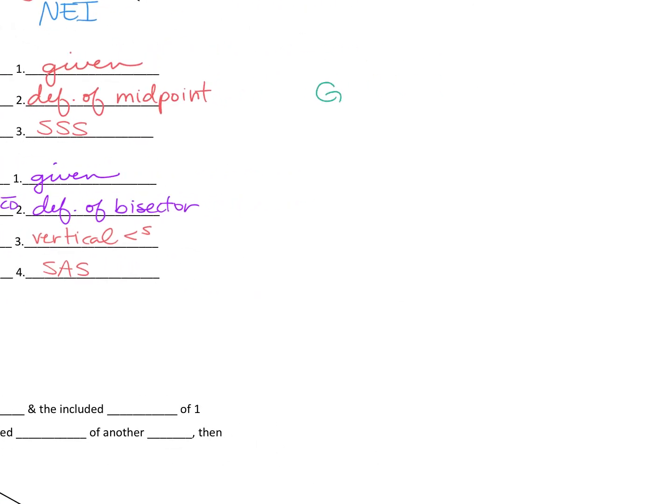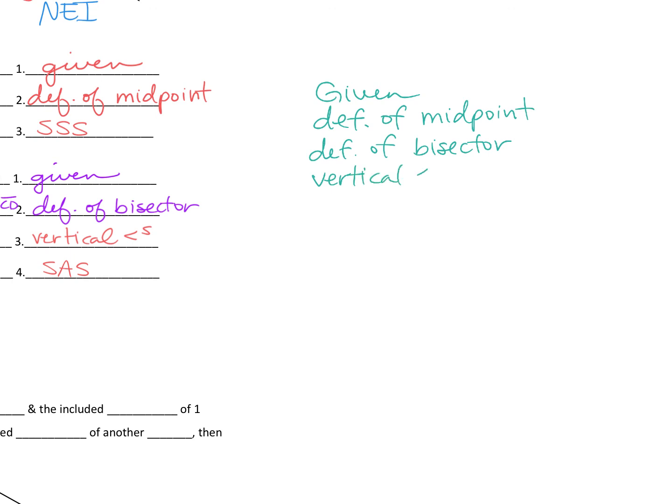If you want to do that, here's a list for you. So far today, we've seen given, right? That's always going to be your first step. We've seen definition of a midpoint. We've seen definition of a bisector. We've seen vertical angles. We've seen the reflexive property.